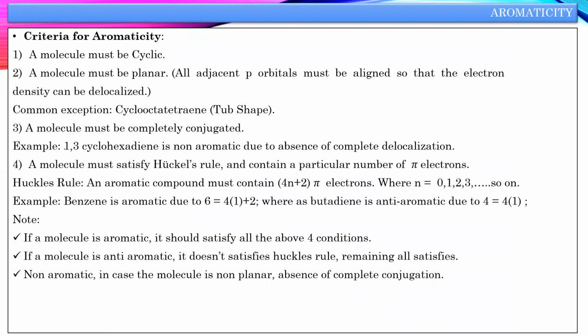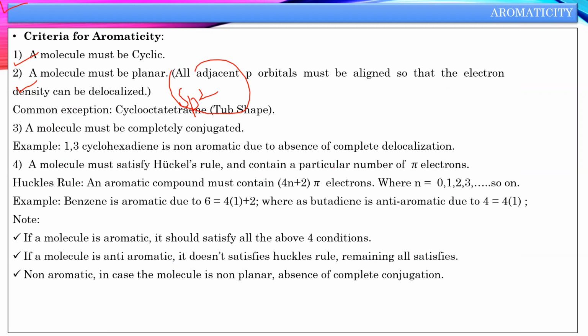It is a very well-known topic for each and every student. For a molecule to be aromatic, there are primarily four conditions. The first one is cyclic. The second one is planar, where all atoms are sp2, no sp3 in between. The third one is complete delocalization.